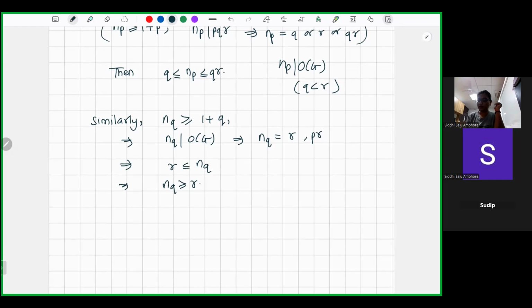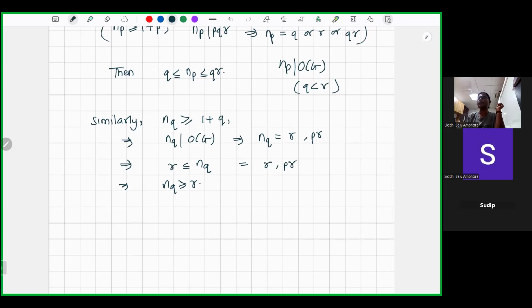Forget about this PR. This is the possibility for NQ, because again NQ also divides the order of G, and NQ is greater than or equal to 1 plus Q. P was lesser. The P won't be there unless I'm multiplying P with R. So this information I definitely have, that NQ must be greater than or equal to R. So the only possibilities for NQ are just R or PR.